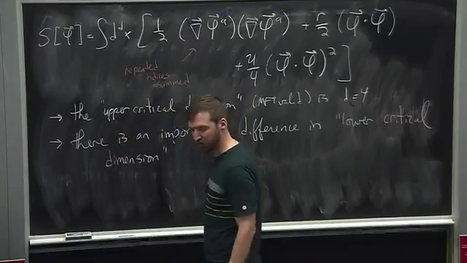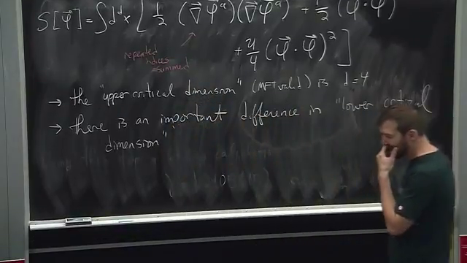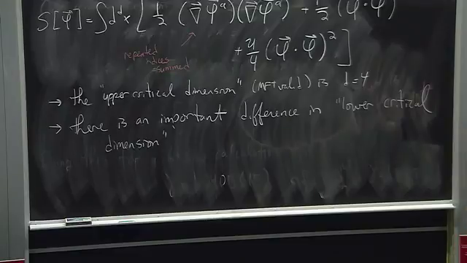What is a lower critical dimension? We've already seen it, though I don't think I called it that. It's the dimension below which the phase transition disappears.